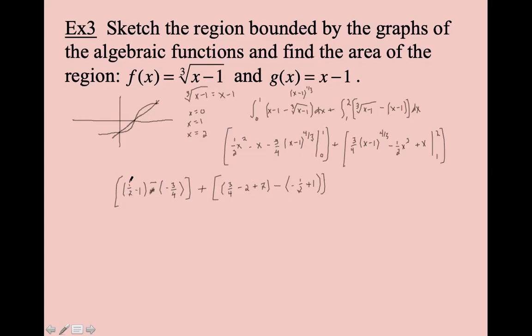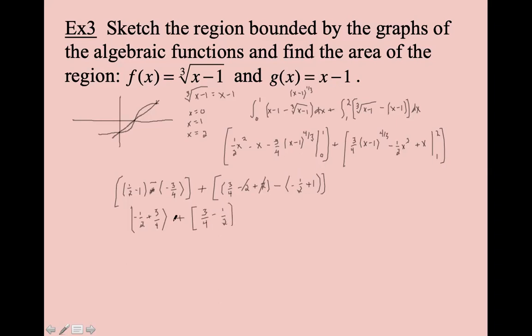So 1/2 minus 1 would be -1/2, and a negative negative 3/4 is plus 3/4. All right. Over here, these are going to cancel. So we have 3/4. And in the second parentheses, negative 1/2 plus 1 is 1/2. And this is going to make it negative 1/2.